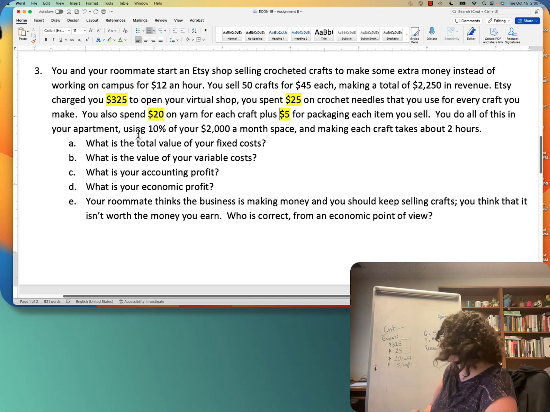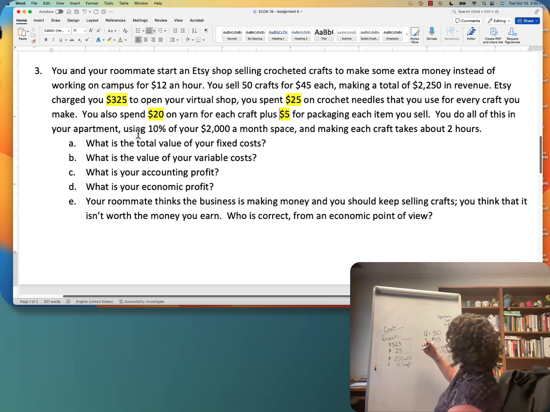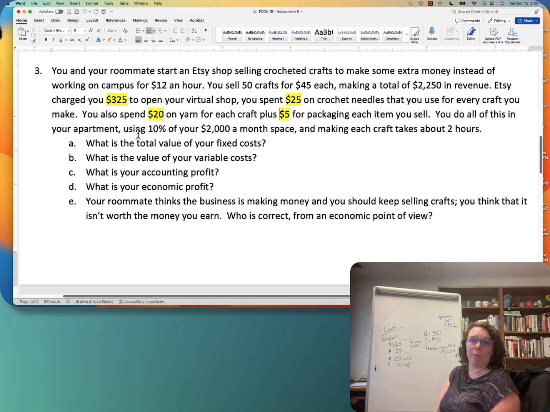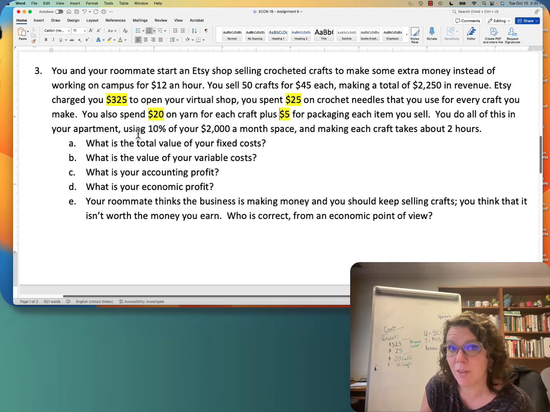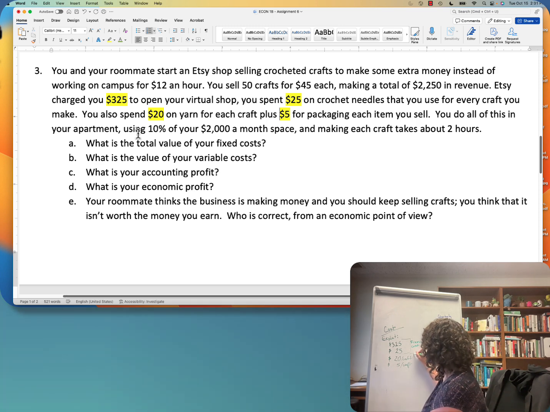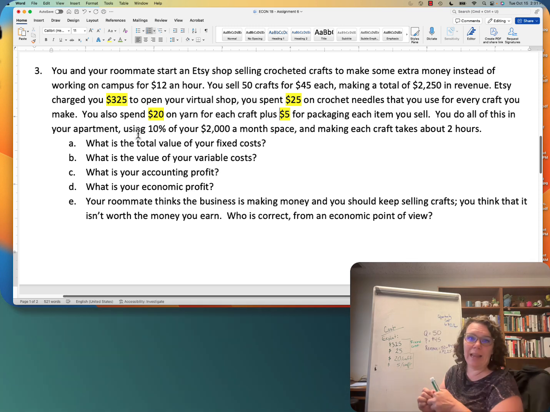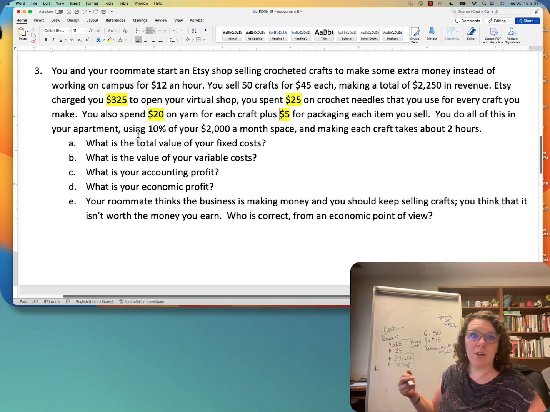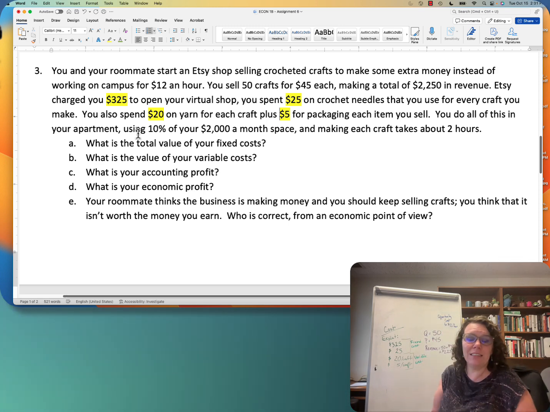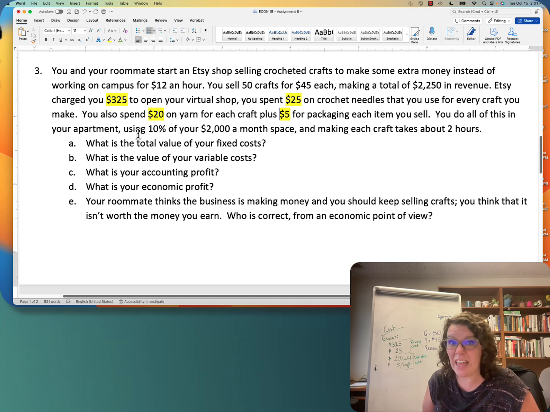That means that those two are going to be our fixed costs. They're fixed because they don't change whether we produce 1 or 50 or 0. They stay the same. The $20 per craft for the yarn and the $5 per craft for packaging are going to be our variable costs. They scale up and down as we produce more or less.